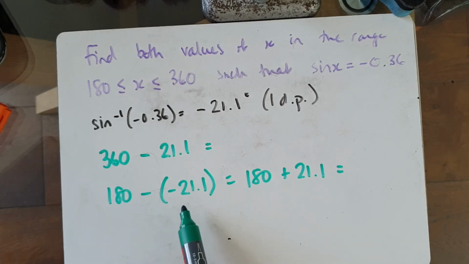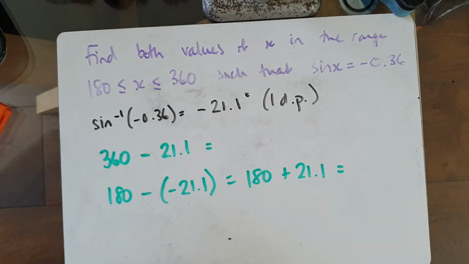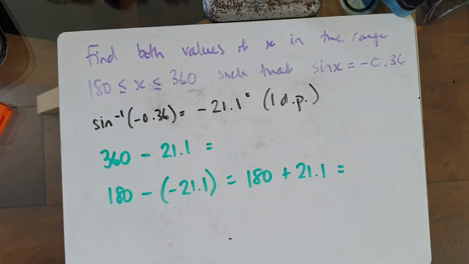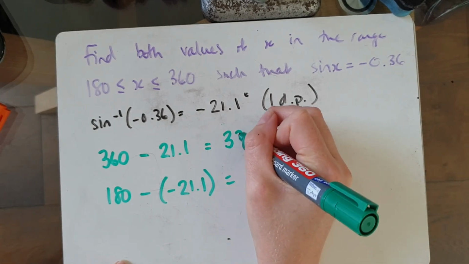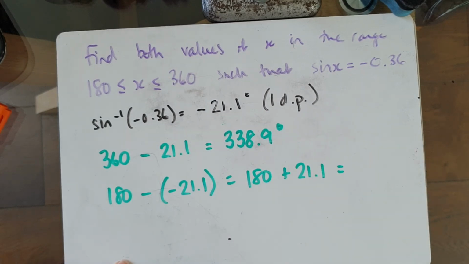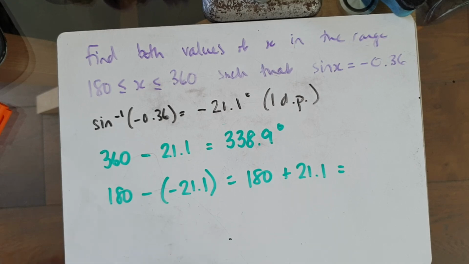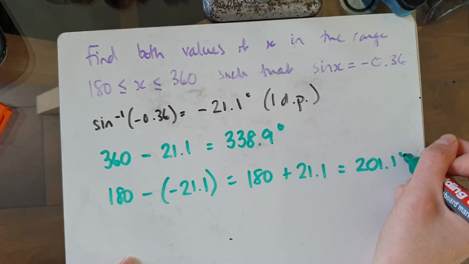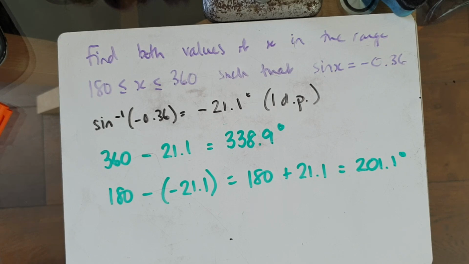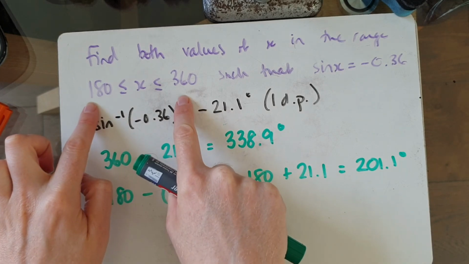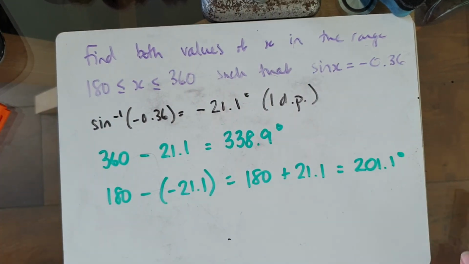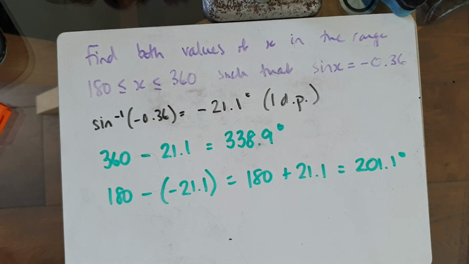And we can think of it as subtracting the angle or adding the absolute value to 180. If we do that, we're going to get 338.9 degrees here. And we are going to get 201.1 degrees here. And those would be our two angles that lie in this range that give us sine x equals negative 0.36.